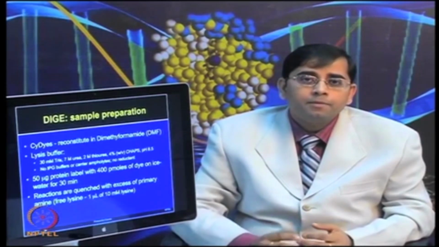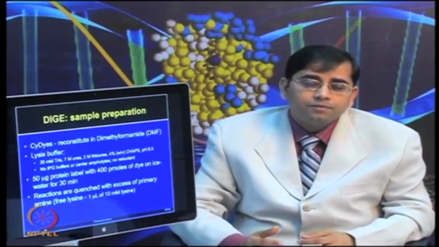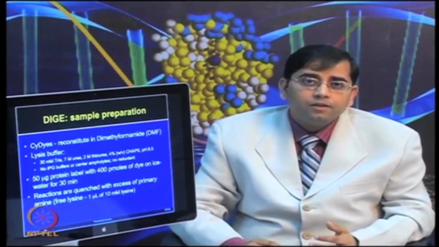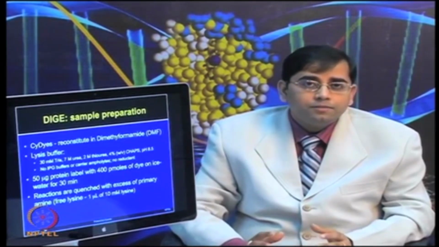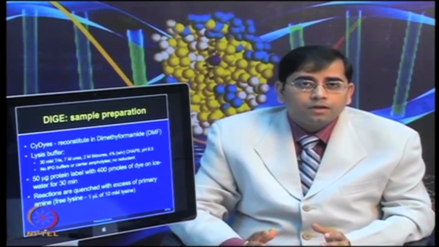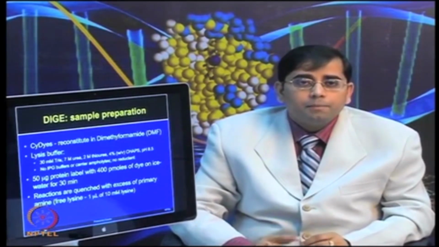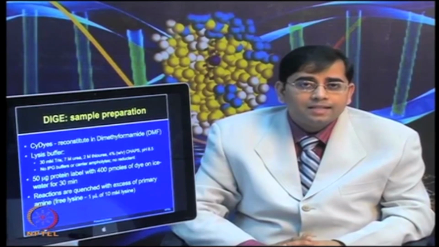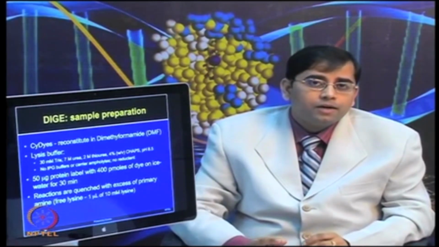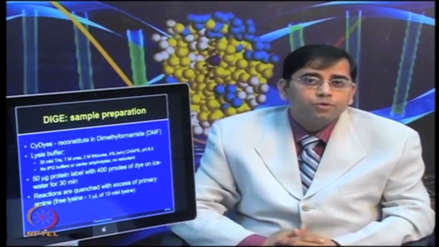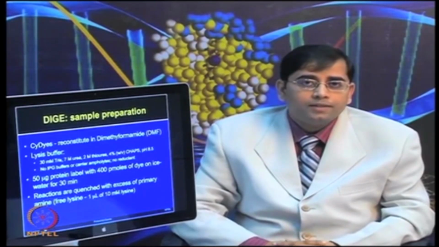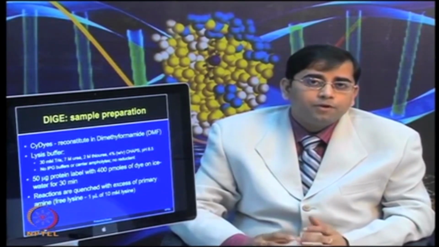If you go back and remember our previous discussion, to visualize a gel with the Coomassie stain, you need more protein. Even for silver and other stains, you need a good amount of protein, but these fluorescence dyes are very sensitive. So, all you are looking for is a very small amount of protein, and 50 microgram protein quantity is sufficient for performing this experiment.